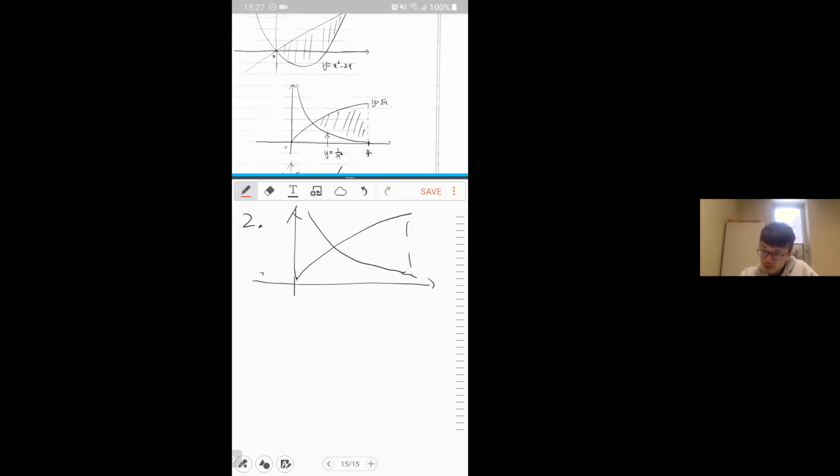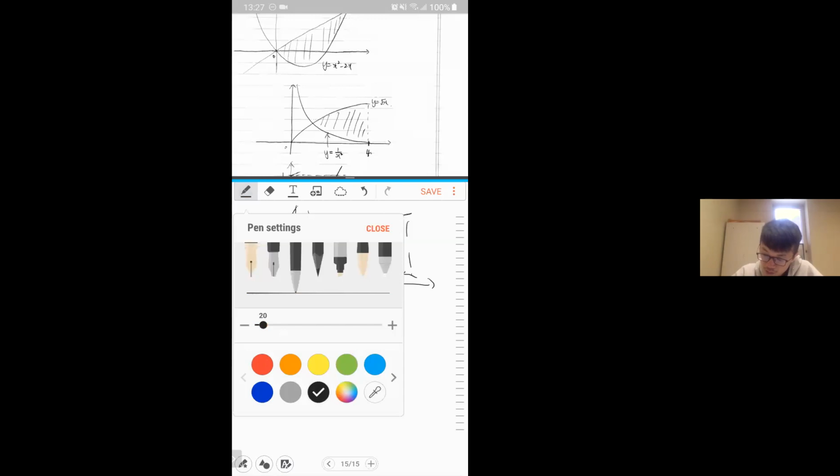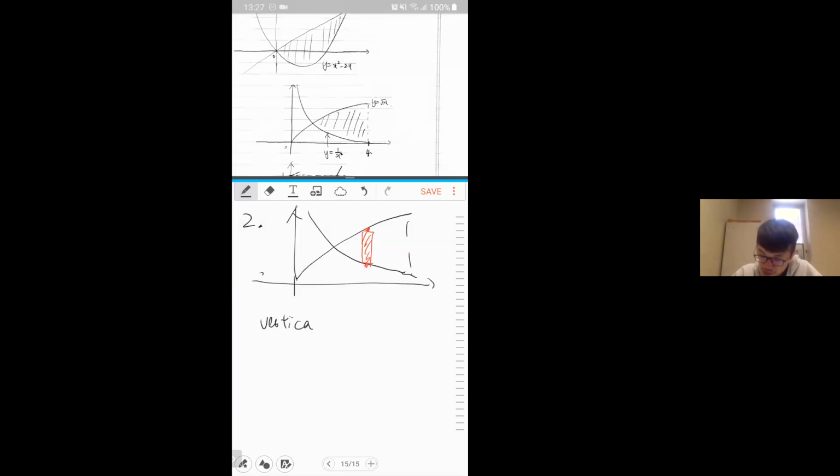We do vertical. Again, let's try to see why this is the case. If I draw a vertical box like this, you can see that on one end, the top is one function, the bottom is a different function, so it's fine. So that means I can do vertical. Again, it's in terms of x because it's vertical.